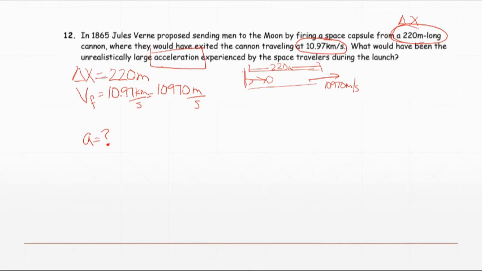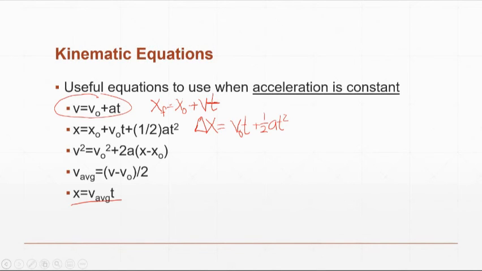So at this point, they started from rest. So v initial equals 0 meters per second. So I'm trying to find acceleration if I have change in x, v final, v initial. My acceleration is my question.